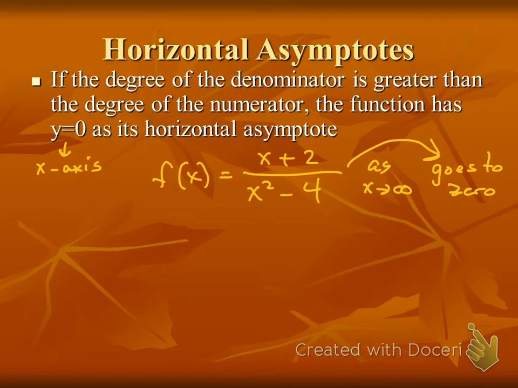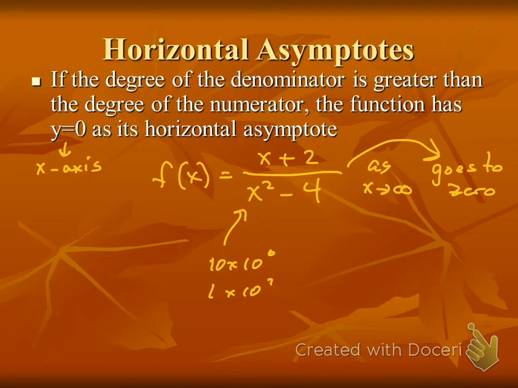I wish, if we had a calculator that would do lots and lots and lots of decimal places, if you put 10 million in for x, what's 10 million? 10 times 10 to the 6th. 1 times 10 to the 7th, if we really wanted to be in scientific notation. Okay? If you could put that in there, then the bottom is going to be 10 to the 14th.